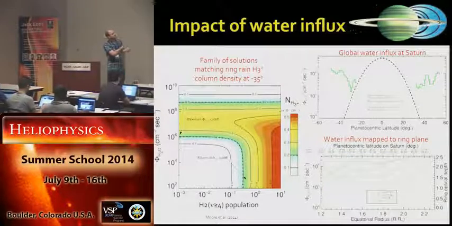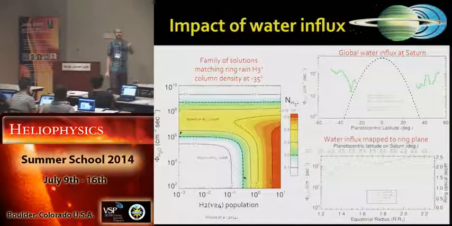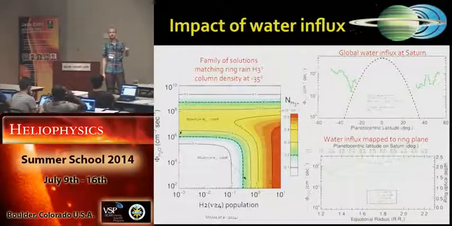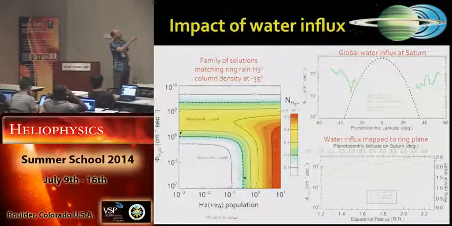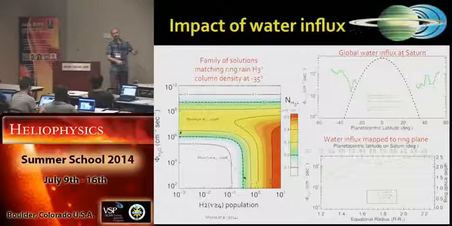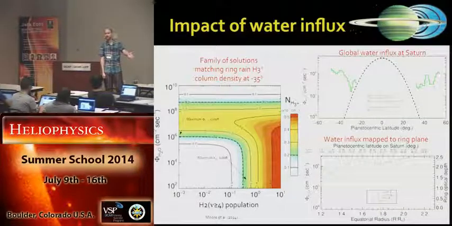So these model simulations explore a wide range of each parameter. And then the dashed curve that you can barely see here is what the H3+ emissions measured at this particular latitude. So basically, the dashed curve describes a family of solutions, that is, combinations of this parameter and this parameter, that would reproduce the observed H3+ density there.